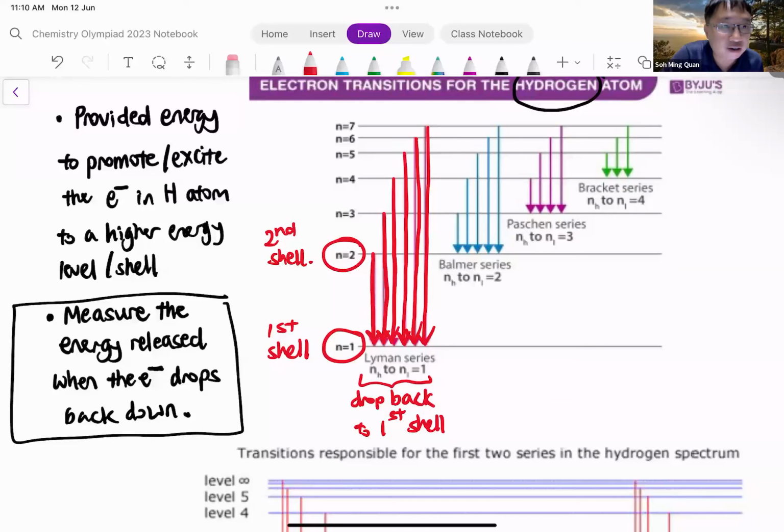Okay, now this is called the Lyman series. The Lyman series is a set of energy changes involving the electrons that were promoted dropping back down to the first shell. The second series is the Balmer series, where they drop back to the second shell.